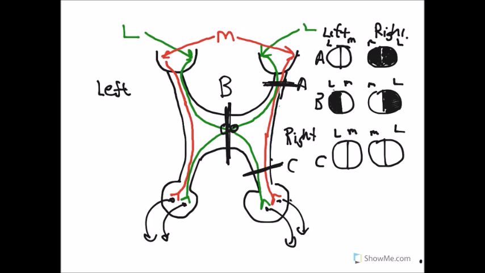Now, because the brain gets information from both sides of the visual fields, giving us depth of perception, depth of field, what we've got is that the right optic tract receives information from the left eye and the right eye. And this gives something very interesting. On the right side here, if you have damage to the right optic tract, then information on the left side of the body will always be taken out. Let me show you why.